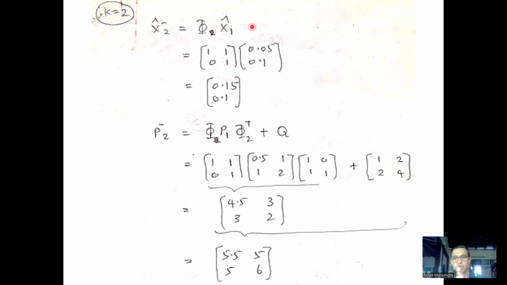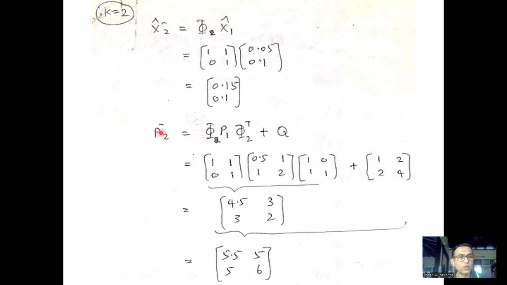We use the state transition matrix, which is constant, and this is the previous estimate, which we have already done, 0.05, 0.1, the filter's estimate at the previous time index. So this is the predicted value for k equals 2, right? Now we have to correct it. This is like the draft, not final.